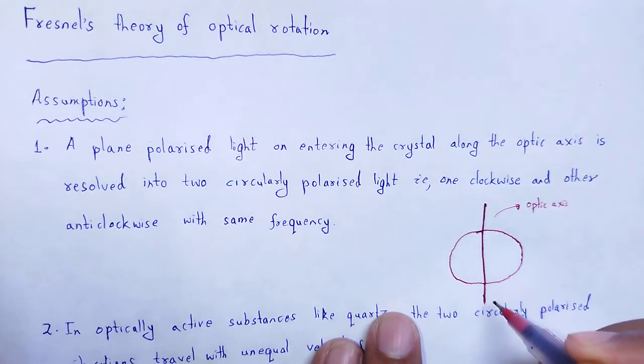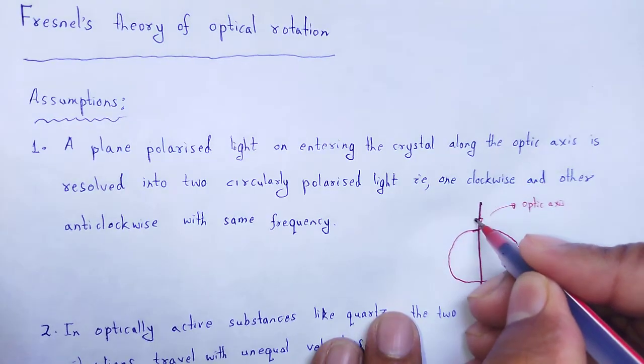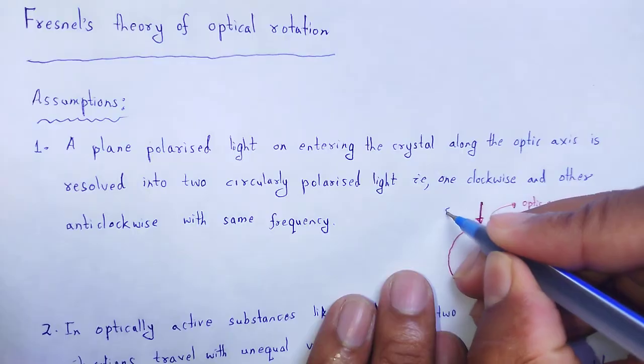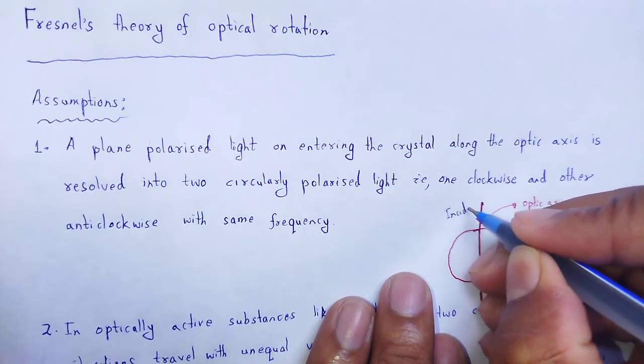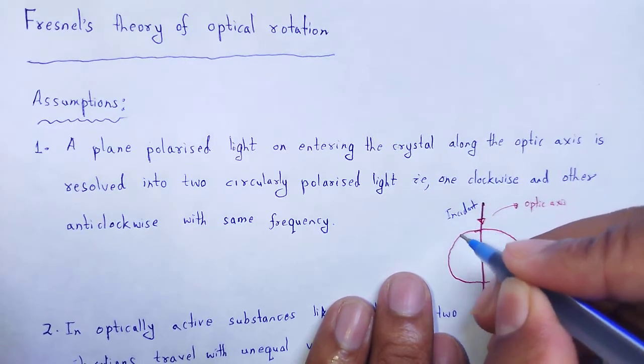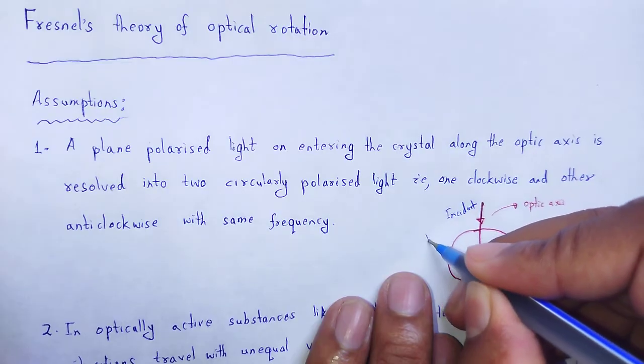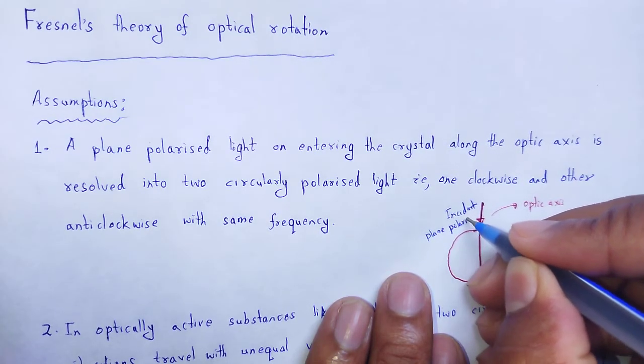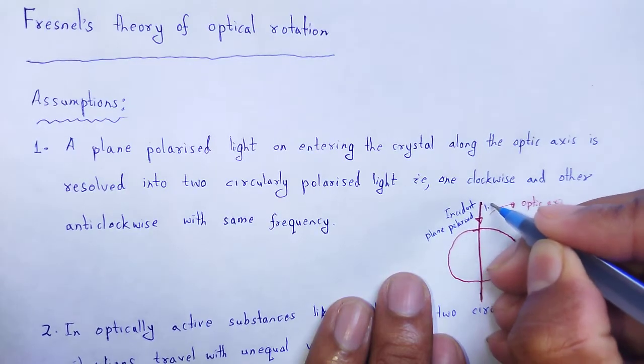This is the optic axis, this is the incident plane polarized light.